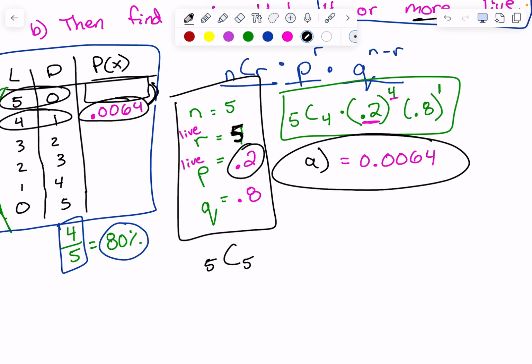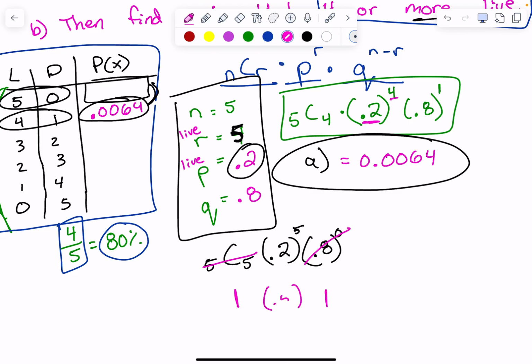So I have 5C5, 0.2 to the 5 power, 0.8 to the 0 power. Now, do you know what 5C5 is? 5C5 is 1. Do you know what 0.8 to the 0 power is? 1. So when both of those are zeros, you're really only looking at 0.2 to the 5th power. Does that make sense? The other ones are going to be 1s, just as a little FYI.